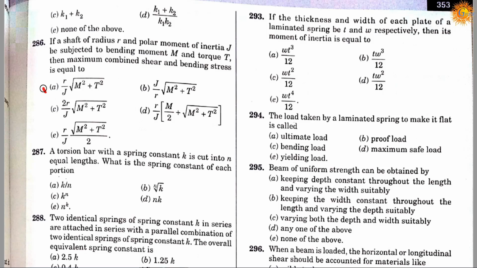Correct answer is A. It will be R upon J under root (M square plus T square).